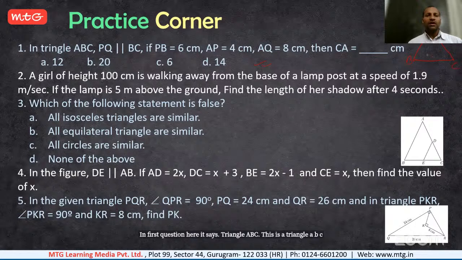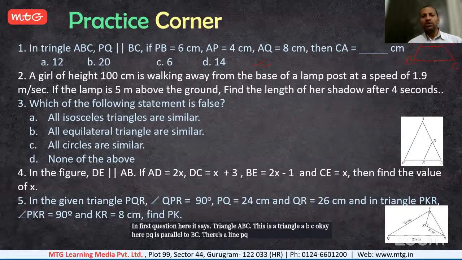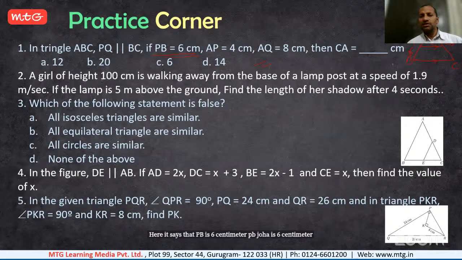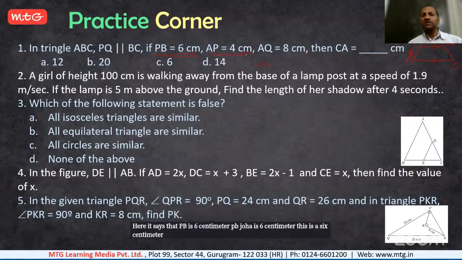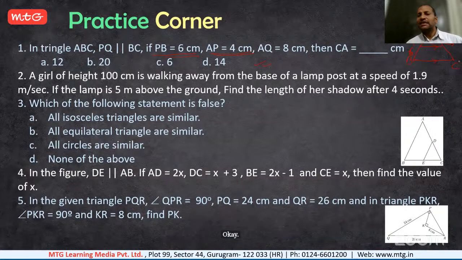Here PQ is parallel to BC, so both are parallel. PB is 6 centimeter. AP is 4 centimeter. AQ is 8 centimeter. Then we have to find CA, this whole length.